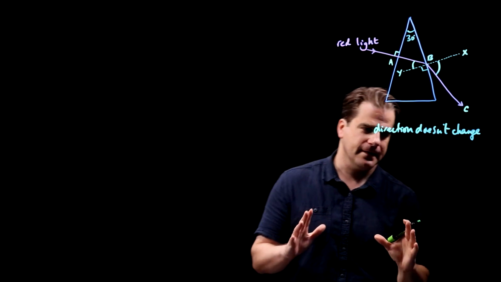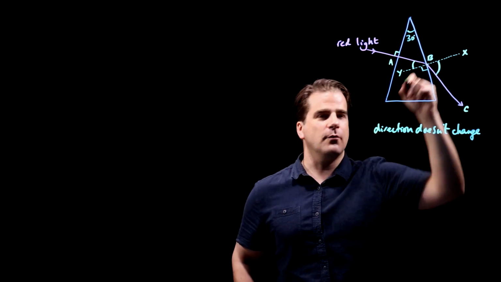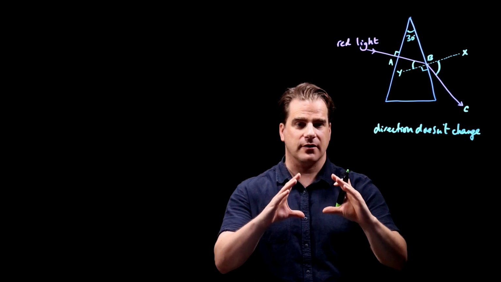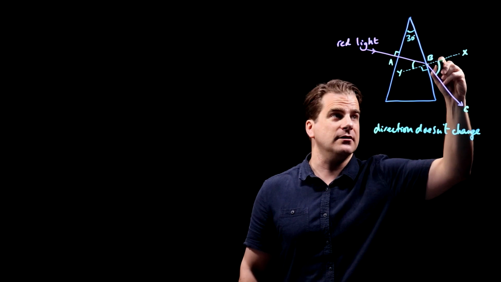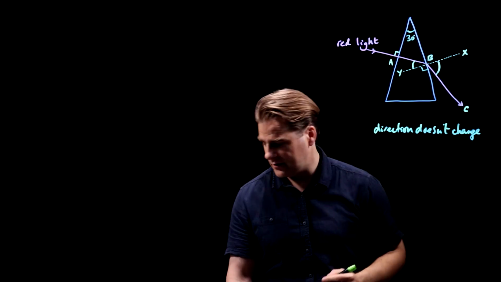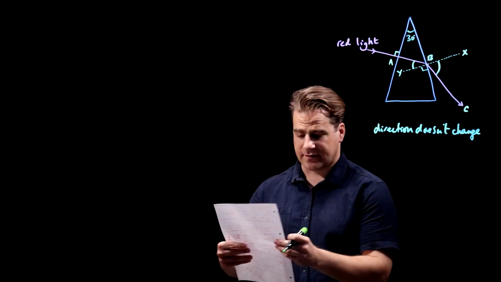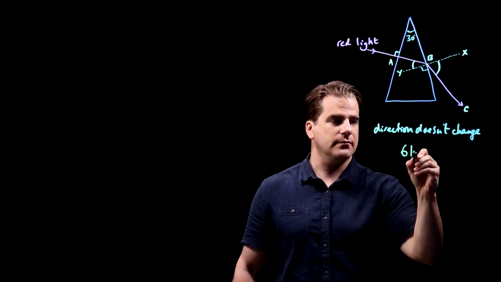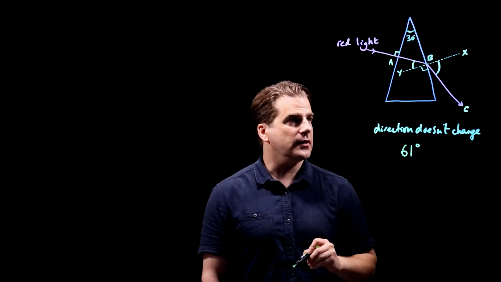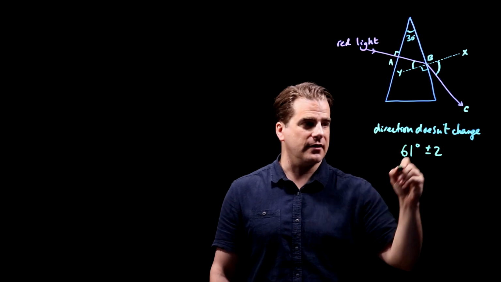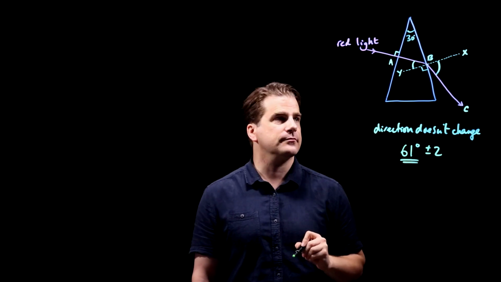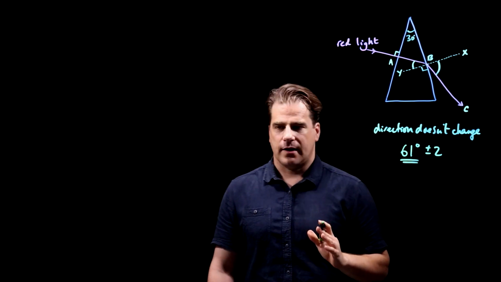Okay, so for the last time, it wants you to get your protractor out and on your exam question sheet, measure that angle, okay? And it turns out that it's 61 degrees. And apparently they allow you plus or minus 2 degrees in either direction, okay?